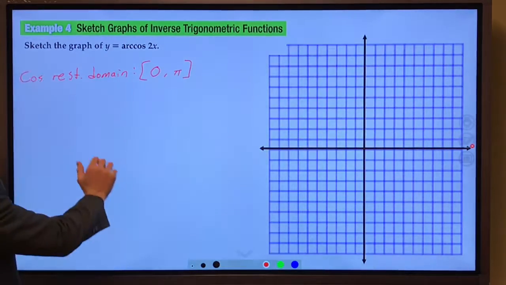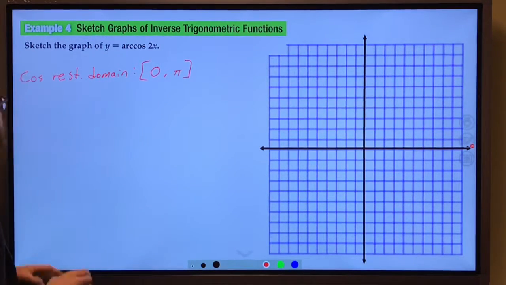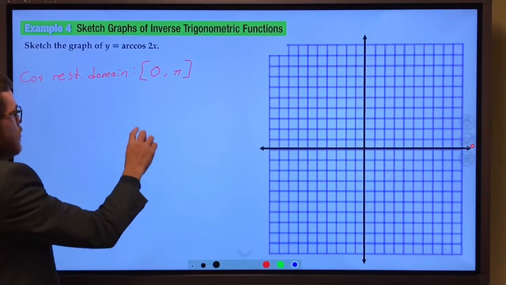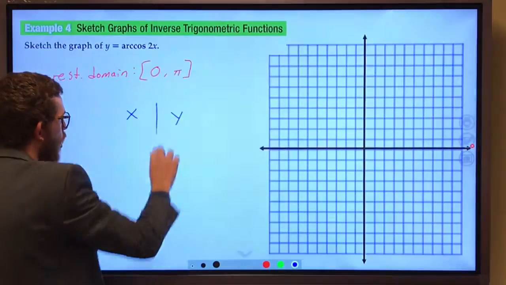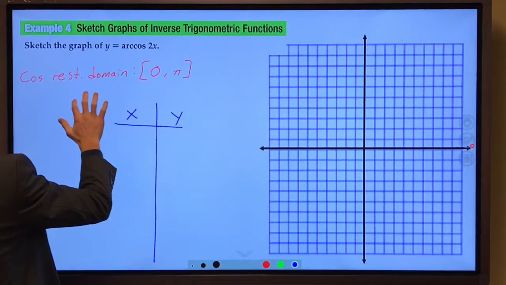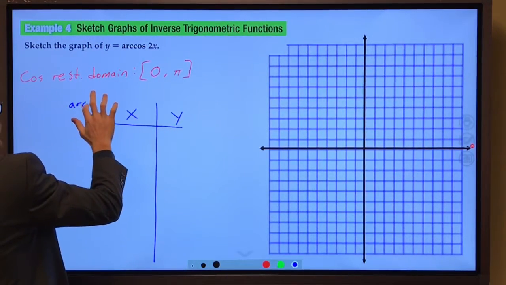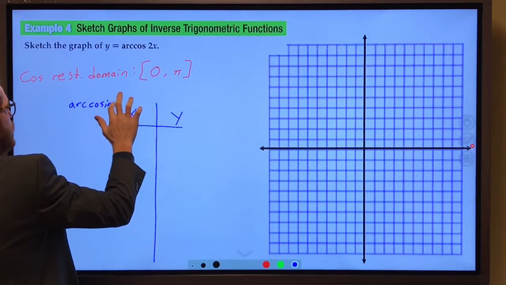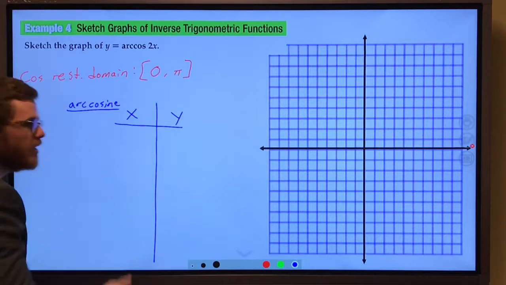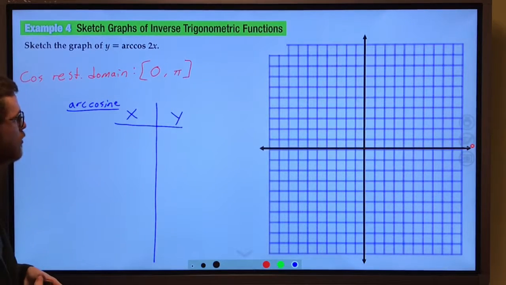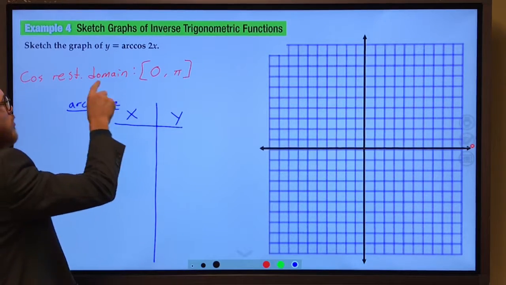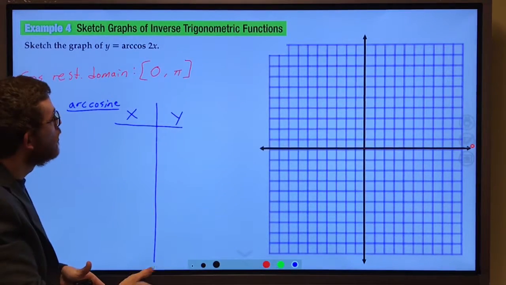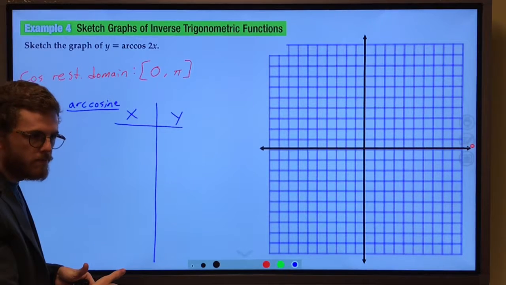So that means the cosine's restricted domain is going to be the range of our arc cosine. When I'm evaluating a t-chart for my arc cosine, I know that this domain for my cosine is now my range for my arc cosine.